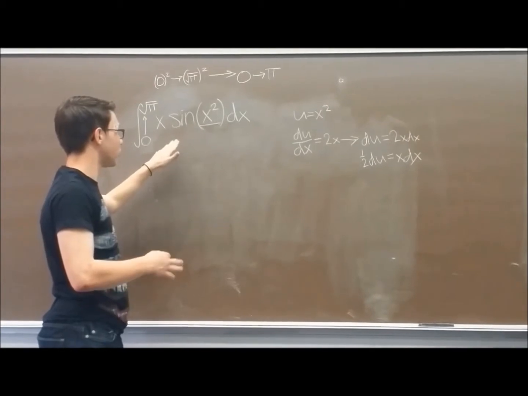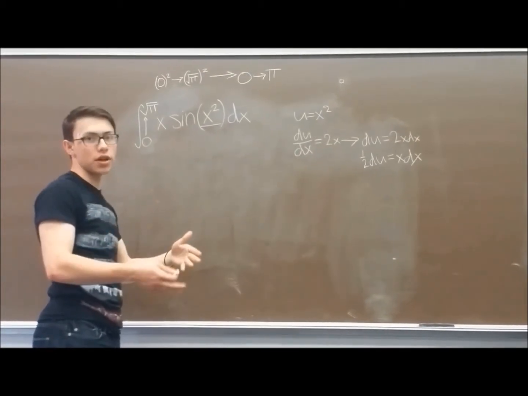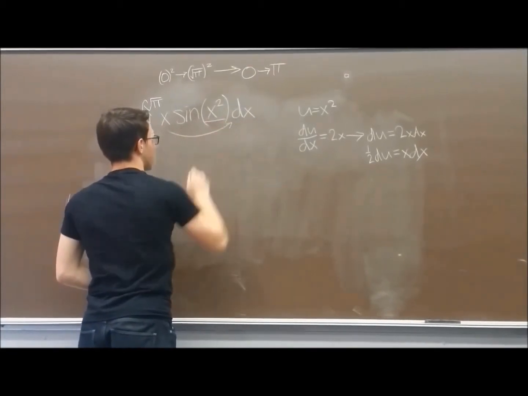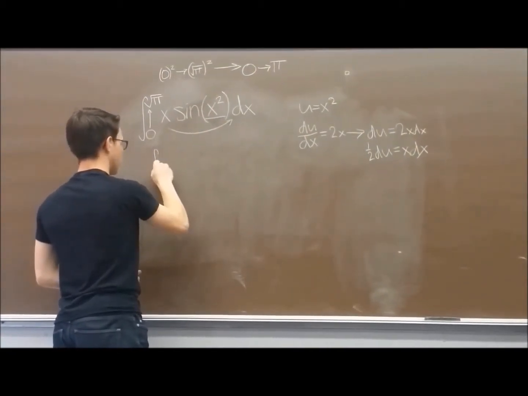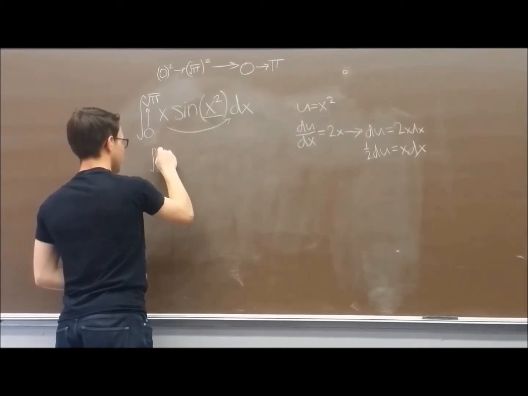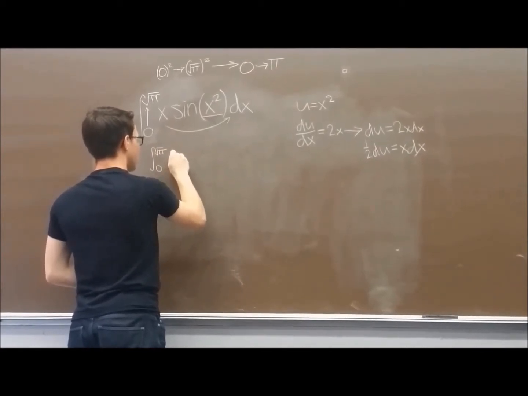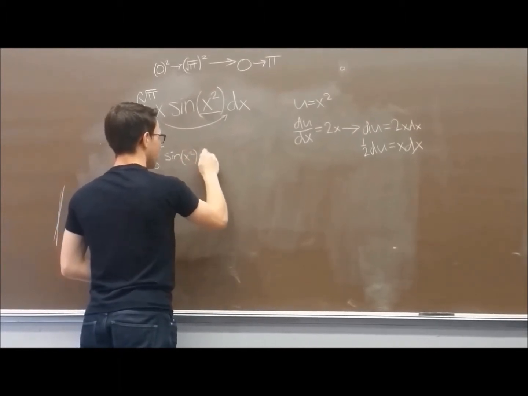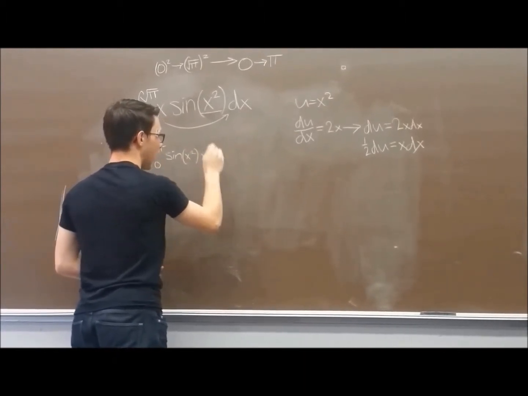So now that we've established that the range of values for u go from 0 to pi, we can start simplifying the base integral so that we can eventually start substituting other values in. For starters, we'll move x over to here, which gives us the integral from 0 to the square root of pi of sine of x squared times x dx.